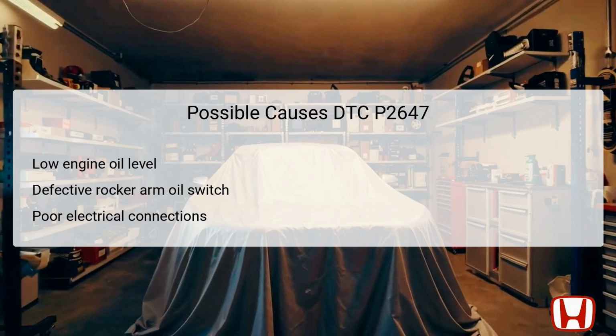Another significant cause is the failure of the rocker arm oil pressure switch itself, which may result from wear, damage, or internal faults. Additionally, poor electrical connections, such as corroded connectors or loose wiring, can disrupt the signaling needed for the switch to function correctly. Troubleshooting these possible causes is essential in resolving the issue indicated by the DTC P2647.